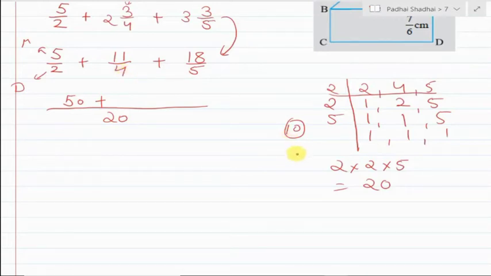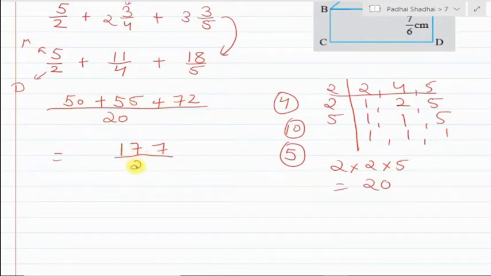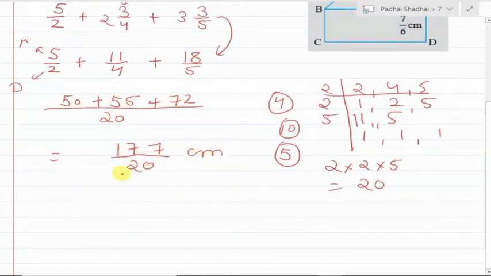We have to multiply 5 with the numerator 11, so 11 5s are 55, plus the last one, 5 and 20, 20 divided by 5, we will get the answer 4. We have to multiply the numerator 18 by 4, that is 18 4s are 72. So adding all the terms in the numerator, that is 50 plus 55 plus 72, we will get 177 by 20 centimeter, that is the perimeter of the triangle.